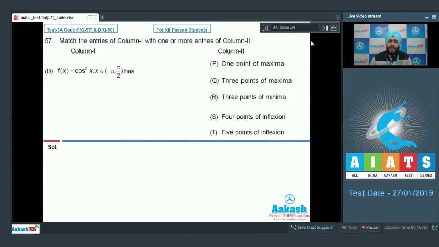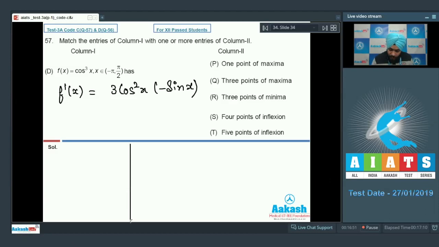Again, we just now did sine cube x, now we have to do cos cube x. So f dash x is 3 cos square x into minus sine x. Again, the interval has been changed in the question, minus pi to pi by 2. So let us draw the graph and analyze f dash x over there.